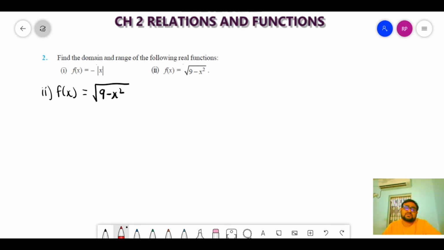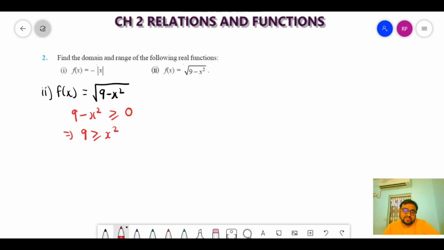Now we know that square root of a negative number is not possible. That means 9 minus x squared must be greater than or equal to 0. So that means 9 must be greater than or equal to x squared.